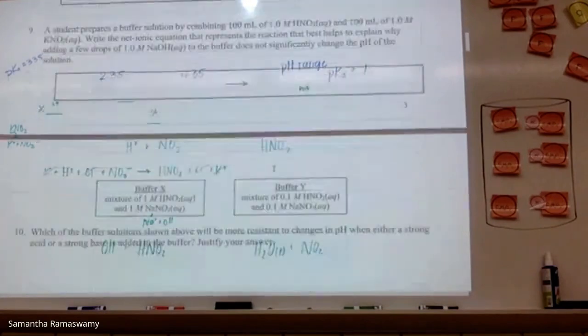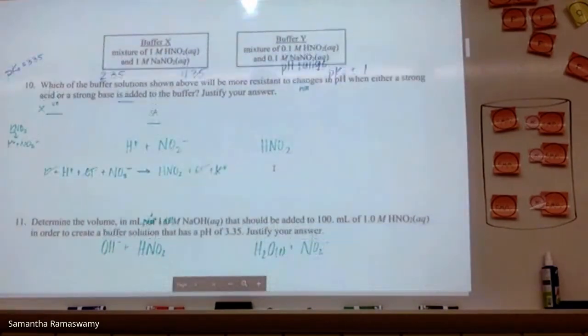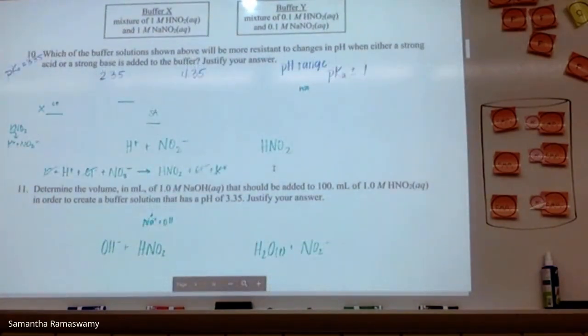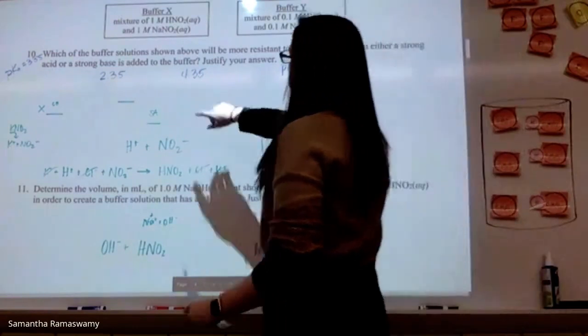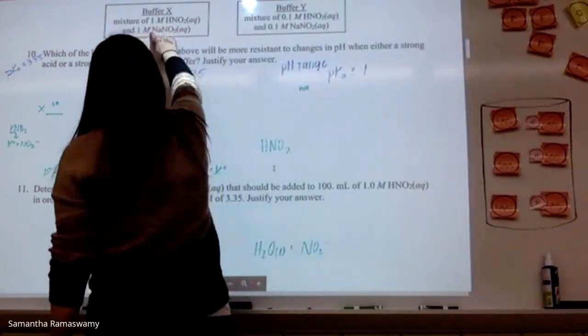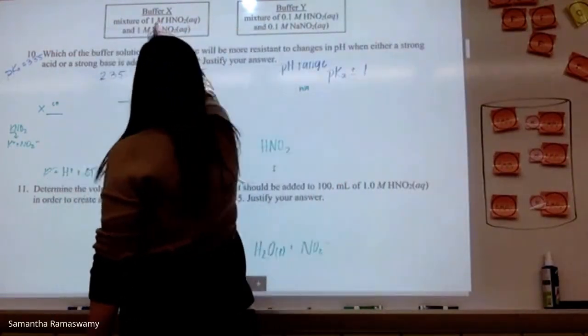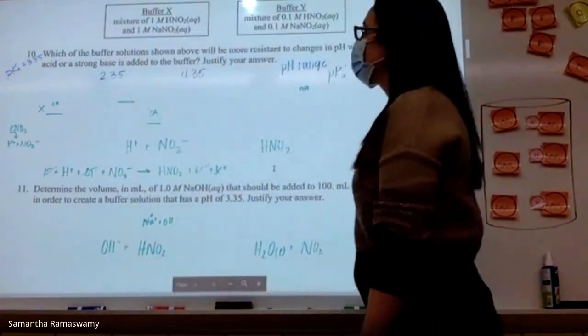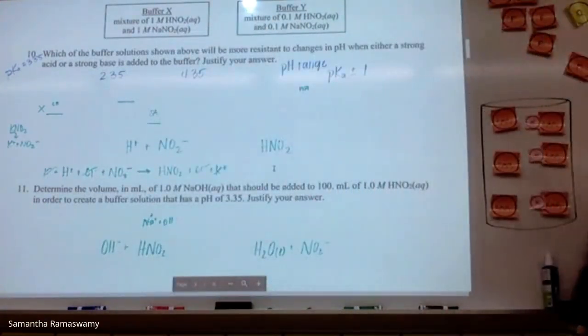So we know that they're both buffers. Look at the concentrations of each. The only thing that differs between them is the concentration. We talked about how the higher the concentration, the more the buffer capacity.